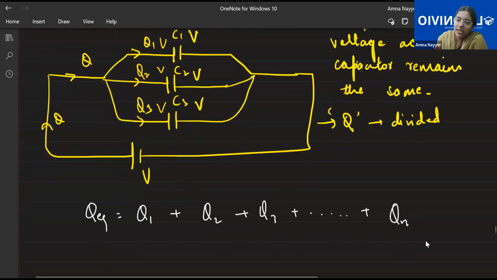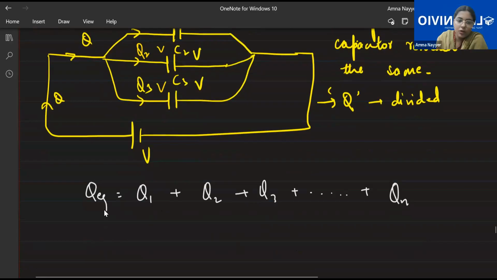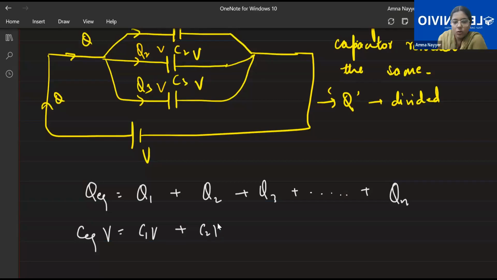Now Q is equal to CV. So Q equivalent will be C equivalent V, and V is the same. C1V plus C2V plus C3V, plus till Cn V. Look, V is remaining the same in every one of them because your potential remains the same.